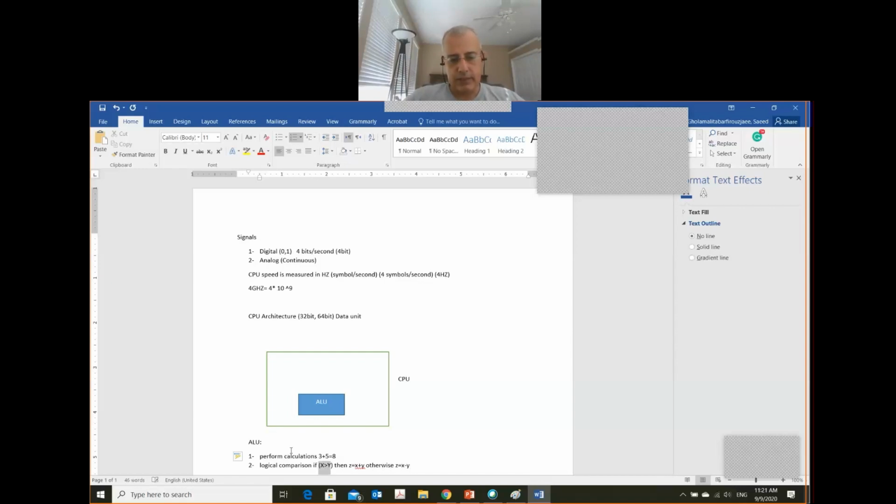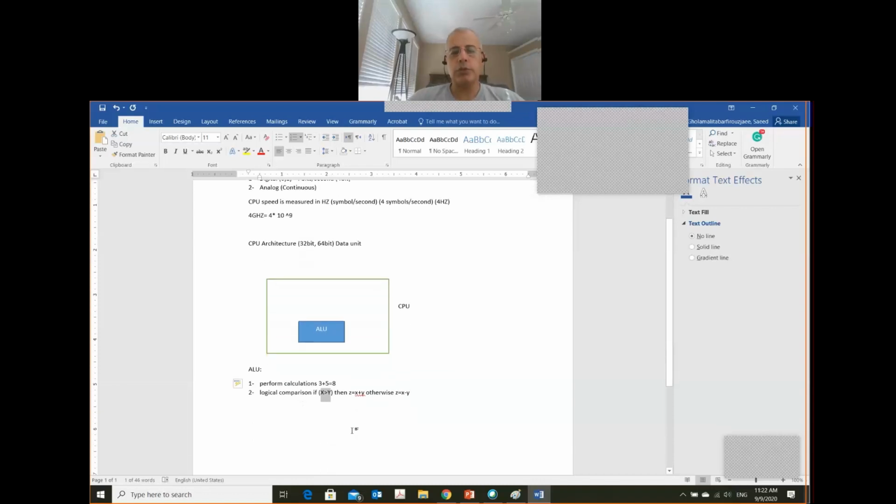This part is a kind of logical comparison. So the ALU has the capability to perform calculation and also to do logical comparison. That's what an ALU does: logical comparison and mathematical calculations.